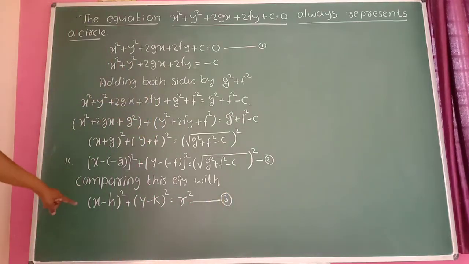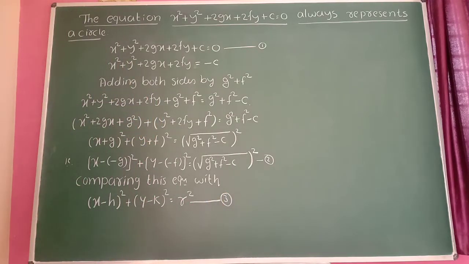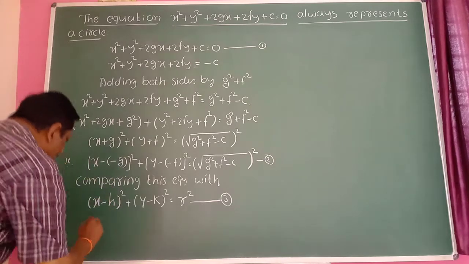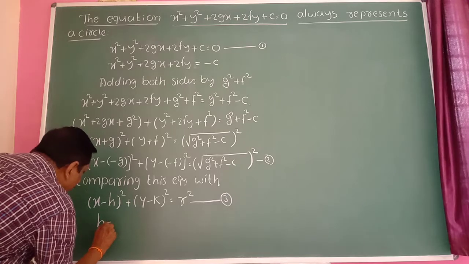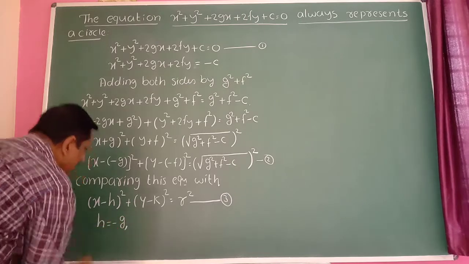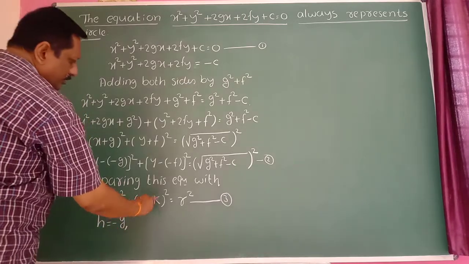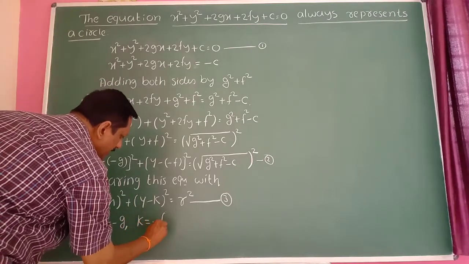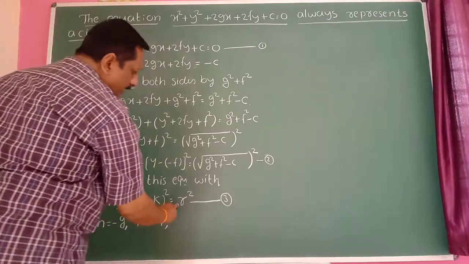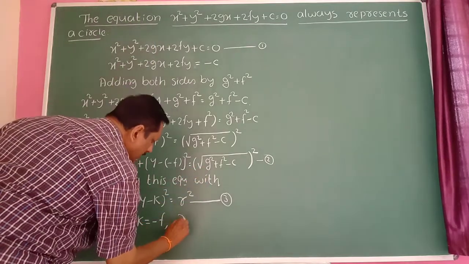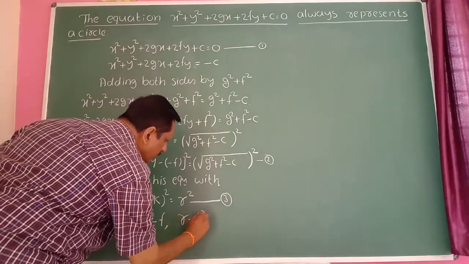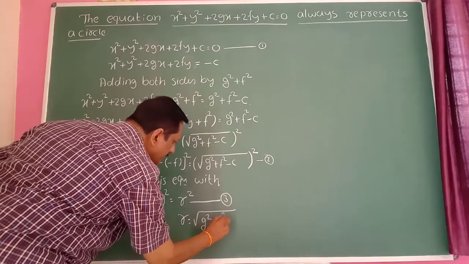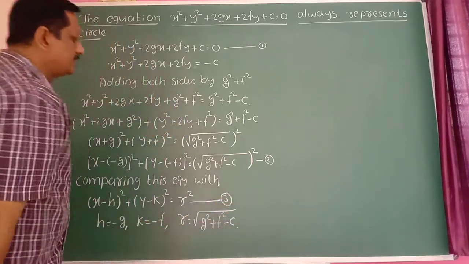Just compare this with this. Therefore, h is equal to minus g, k is equal to minus f, and r is equal to the square root of (g square plus f square minus c).